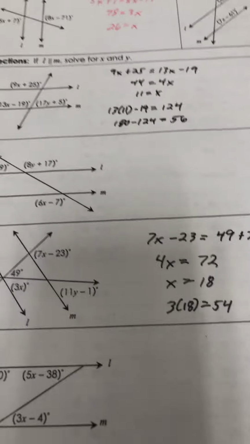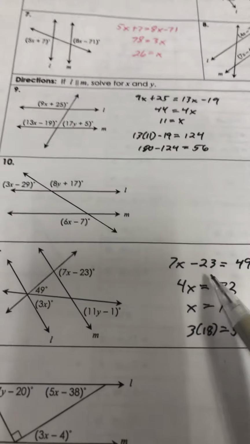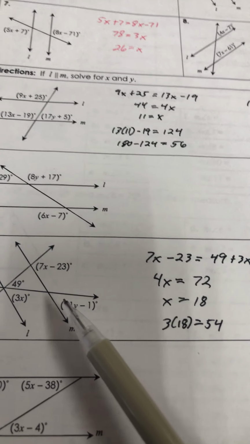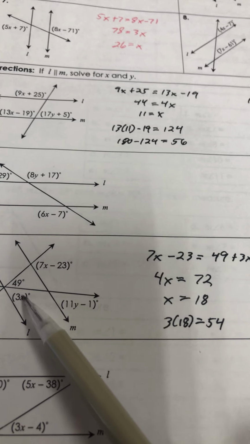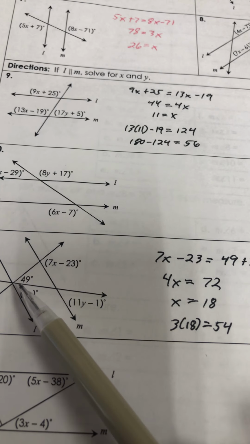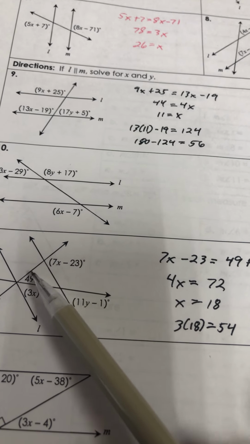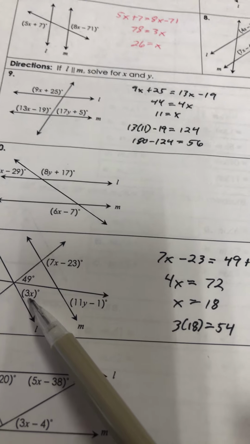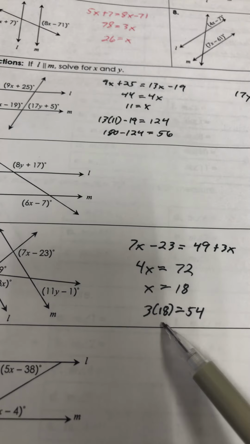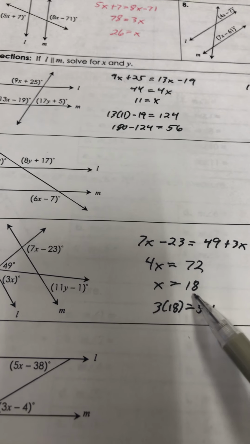And then the last one I'm doing for you here is number 11, and I have 7x minus 23 is going to equal both of these, the 49, because this is corresponding to this whole angle, and it's the 49 and the 3x. So that's why I have 49 plus 3x. I solve for x, and I get x equals 18.